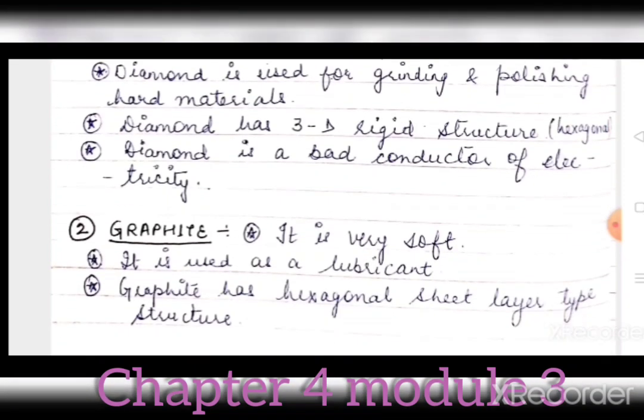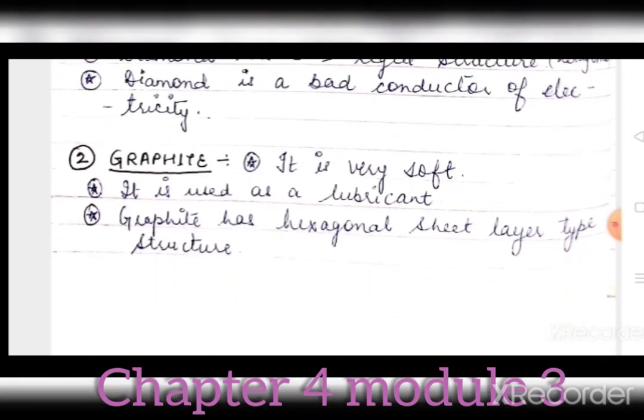Then if we talk about the second allotrope, that is graphite. It is very soft. It is used as a lubricant. Graphite has hexagonal sheet layer type structure. Also, it is a good conductor of electricity. So graphite has 3 bonded electrons and 1 free electron, which helps in electric conductivity, whereas the hexagonal sheet layer type structure makes it soft.